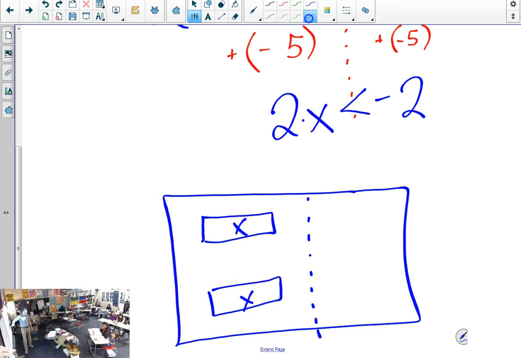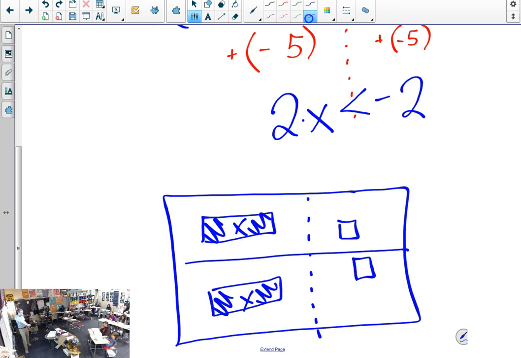Sorry, those would be shaded in. My shaded x's are being compared to 2 negative 1s. How could I get my situation just down to a single x? I have 2 of what I want, right? Cut it in half and just compare a single x to a single negative 1.